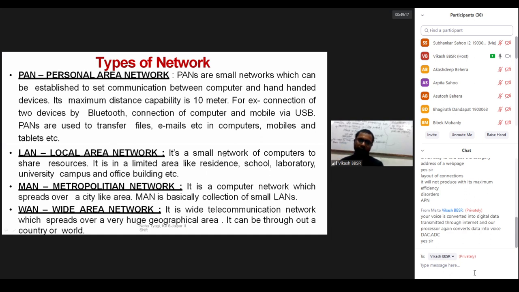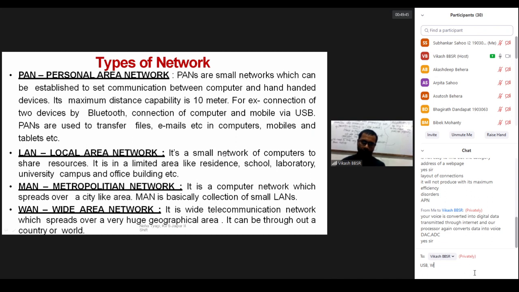You read that one. It is not a new term. You may not have listened before, but PAN is not a new term. You can understand. Personal area network. Already you are using what is called PAN.